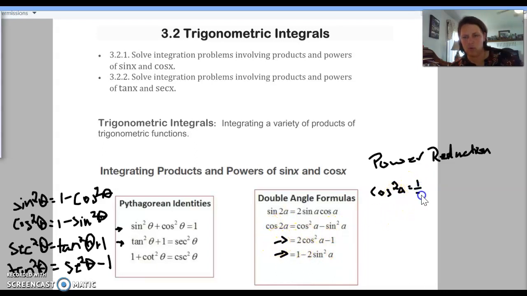So it would become 1/2 plus 1/2 cosine of 2A. And then we would do the same thing to solve for sine squared of A, and we'll have that later on too. But those are your main identities that we want to use throughout part 1 and part 2 of 3.2. So let's move on and look at some of the examples that we have.